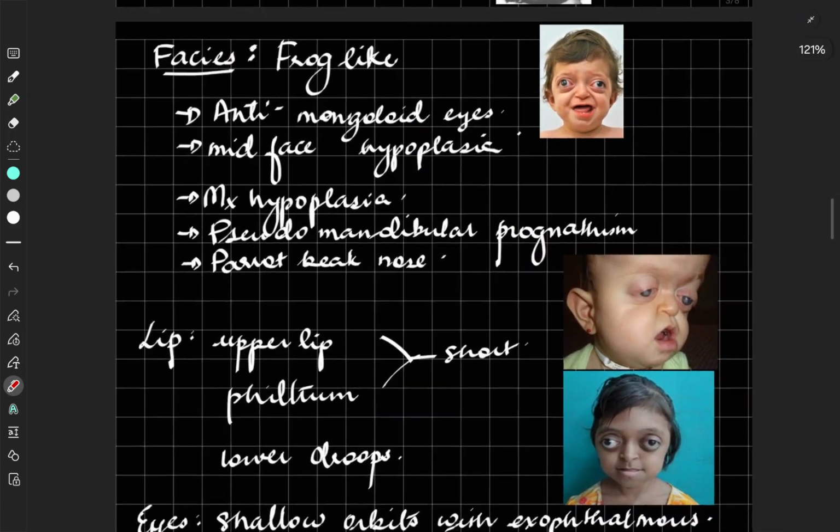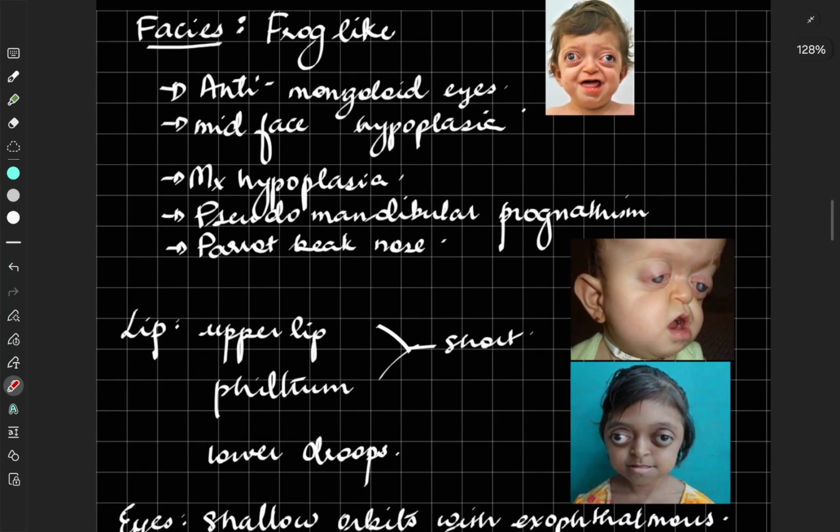Now, what are the facies of the children who present with this syndrome? They are frog-like. Can you appreciate it in this photo? You see there is exophthalmos, there is mid-face hypoplasia, as well as pseudo-mandibular prognathism, and cranial deformities.